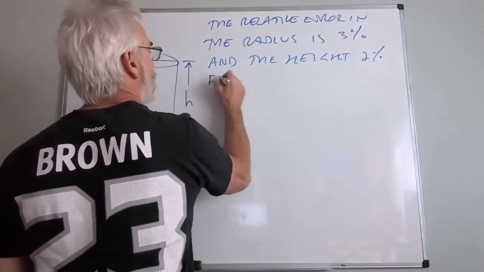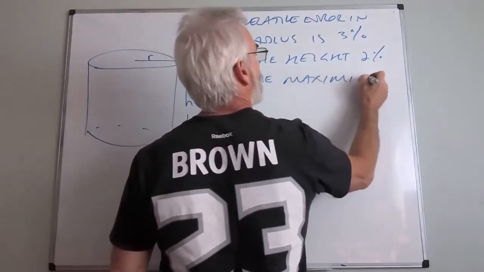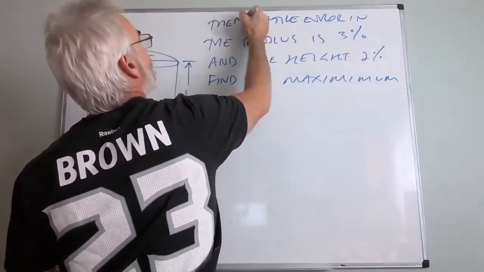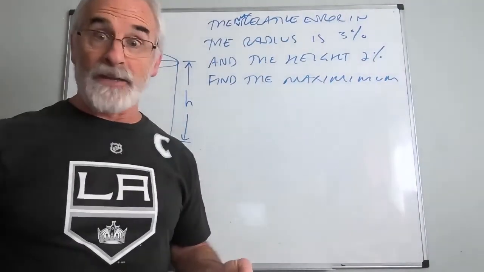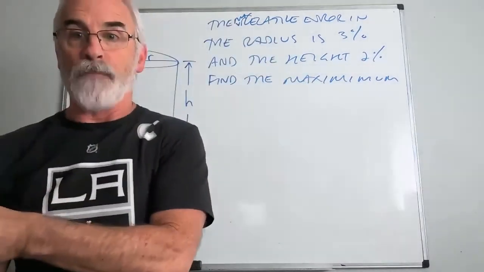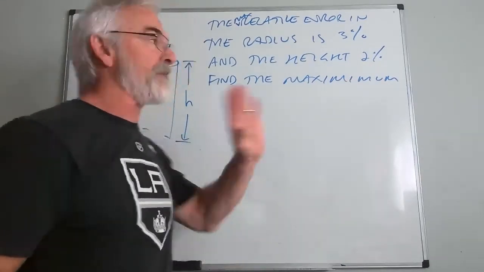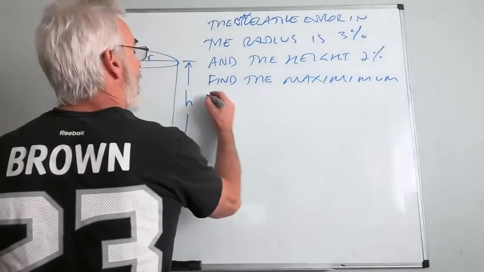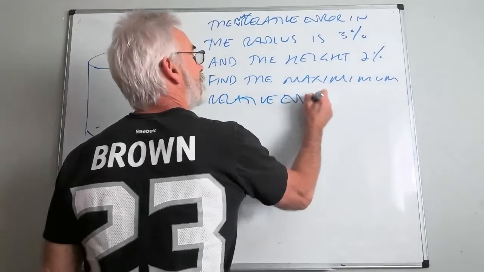I want to find the maximum relative error. That's kind of implied. To say the maximum relative error means I could be perfect, or I could be off by the most I can be off, or I could be everything in between. High, low, but we're never off by more than this in any direction. That's what that means. All right, so find the maximum relative error in volume.